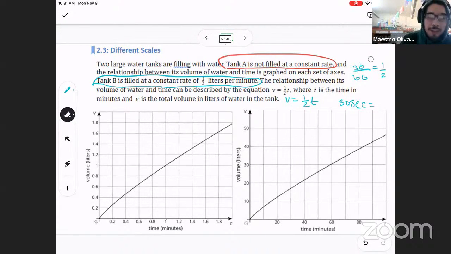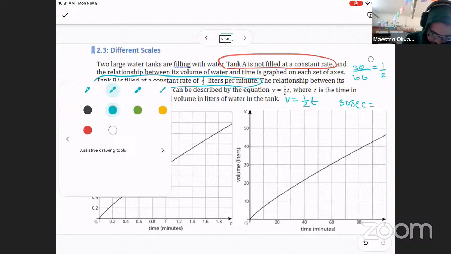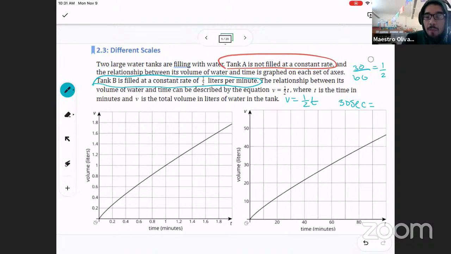So now we're gonna take a look at what time both tanks have the same amount of water. This graph right here is the red graph. We don't know the equation for the red graph. We want to know at what point they have the same amount of water.